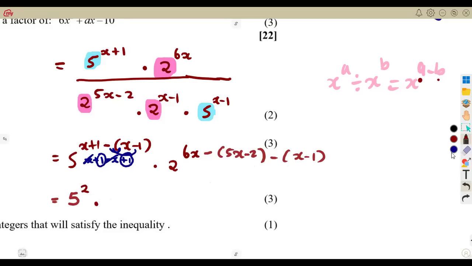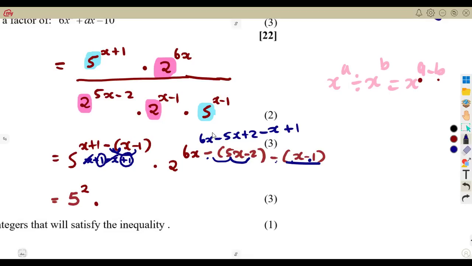The part of 2, we do the same thing. This is the same as 6x minus, distribute inside, that's minus 5x, and minus minus is a plus 2. The same thing with this minus, distribute in this bracket everything. So it's minus times x, which is minus x, minus times minus 1, that's a plus 1.